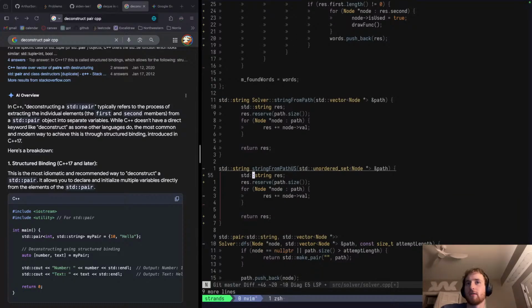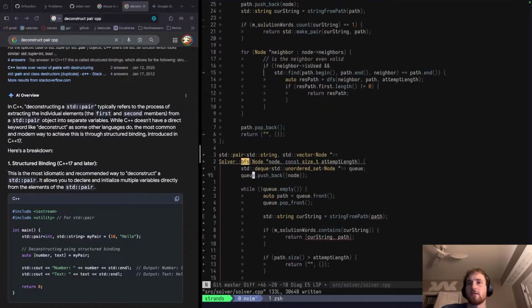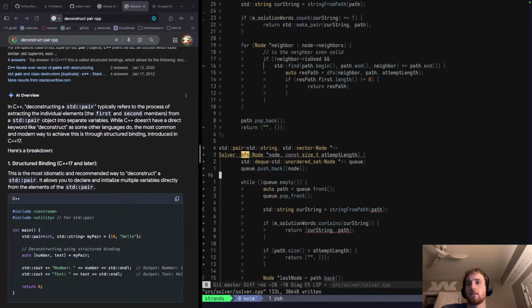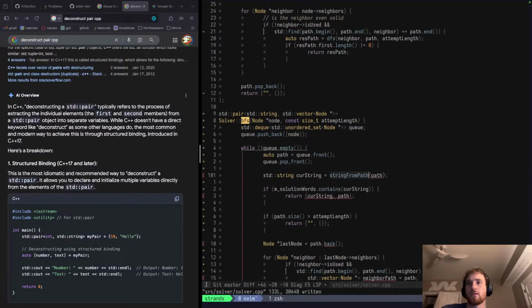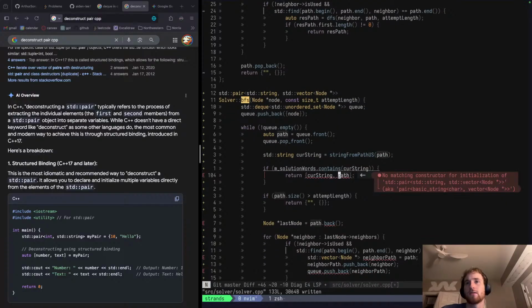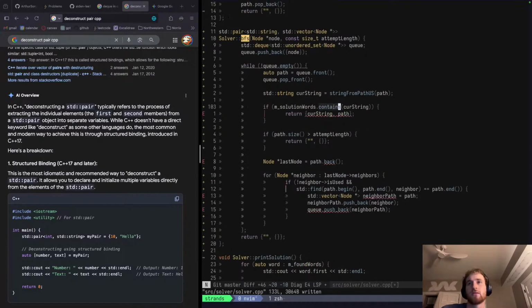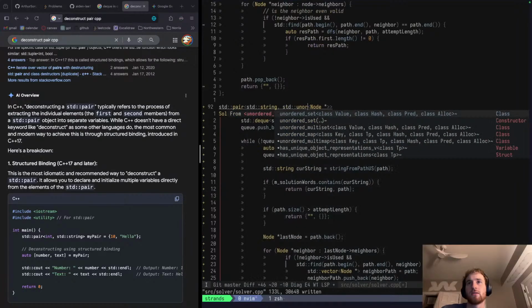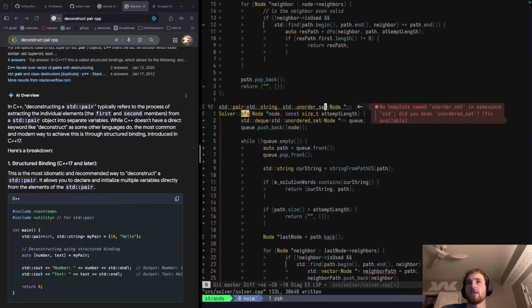I don't need this to be a thing of solver actually. Just make you an unordered set.